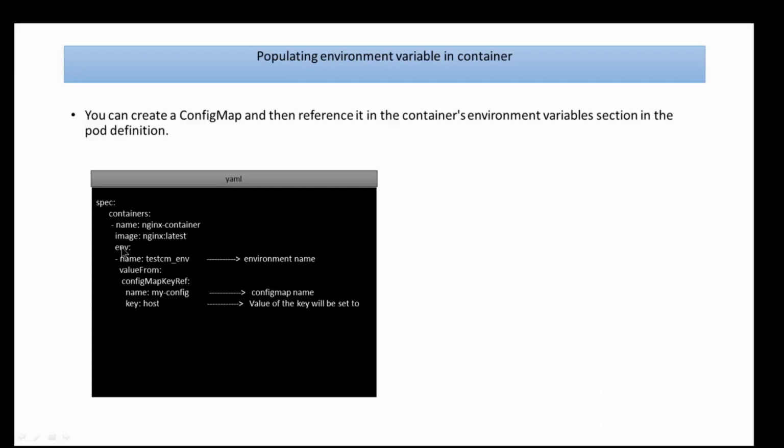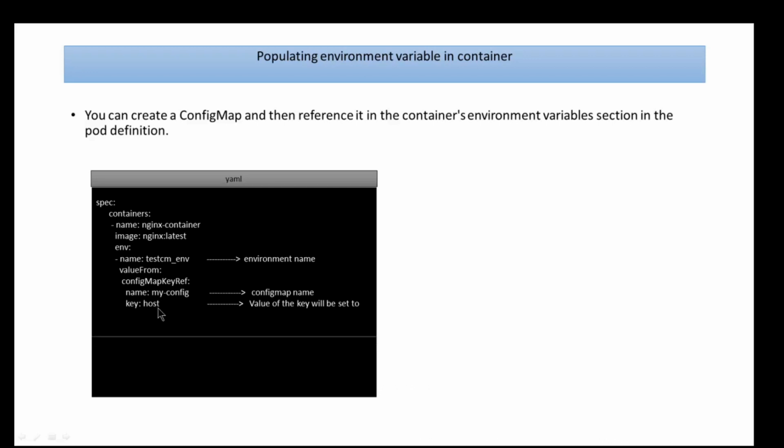Env comes under spec, containers, and env. Env will give a name to the environment variable and the value from the config map key reference. The config map is my config map, and the key is host. So the value of the key host will be set here.